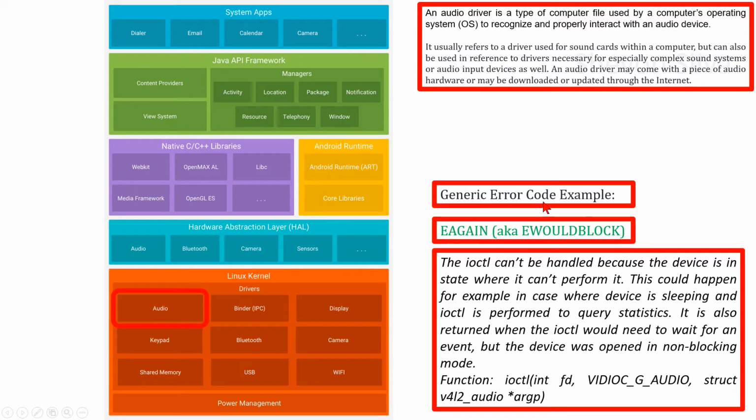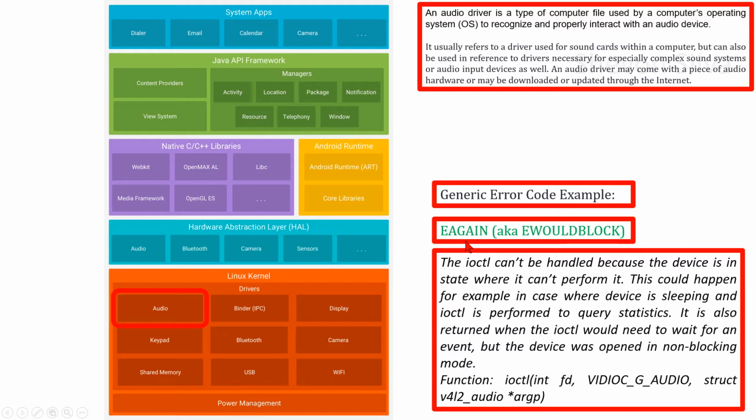As a general error code example, we can consider EAGAIN, also known as EWOULDBLOCK. The IOCTL can't be handled because the device is in a state where it can't perform it. This could happen, for example, in a case where the device is sleeping and an IOCTL is performed to query statistics.